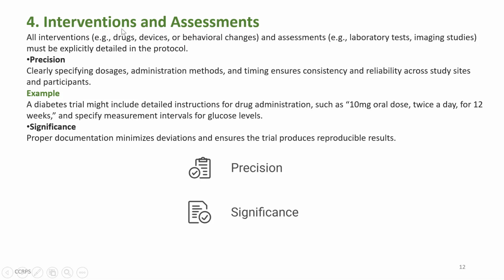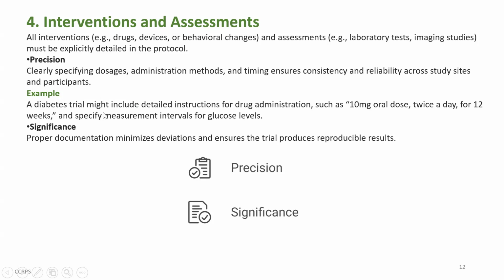Another key point here, interventions and assessments. All interventions, for example, drugs, devices, or behavioral changes, and assessments, for example, laboratory tests, imaging studies, must be explicitly detailed in the protocol. Precision here, clearly specifying dosages, administration methods, and timing ensures consistency and reliability across study sites and participants.